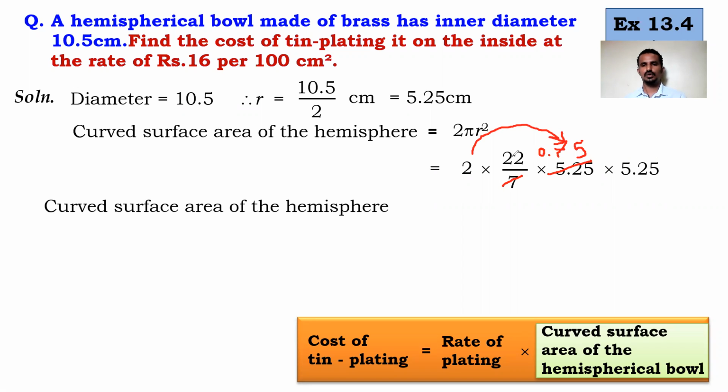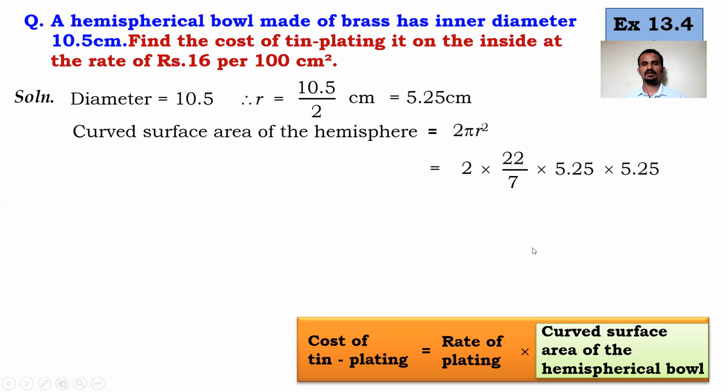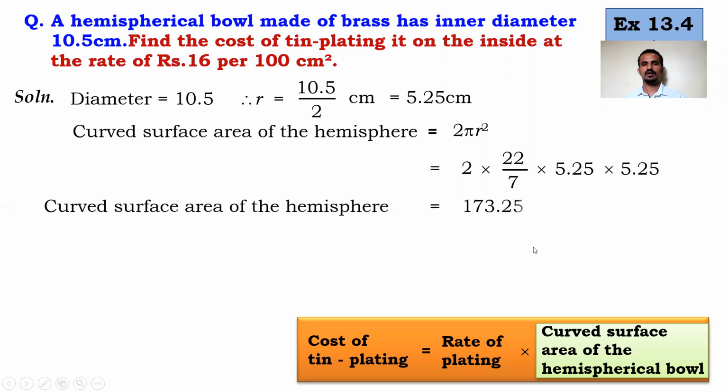Then 1.5 into 22 into 5.25, that multiplication still remains to be done. The multiplication we get here is 173.25 centimeter square. All right, that's how we get the curved surface area.